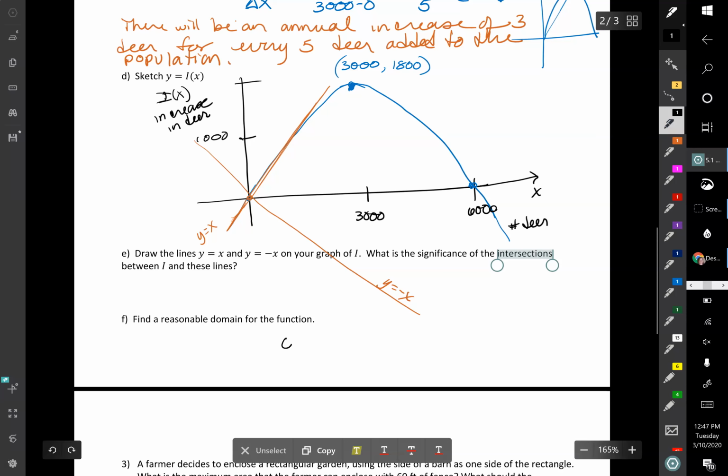So I would say maybe not equal to 0. Maybe I'm going to start with like 2 deer and then go up to the 6,000. And then it is going to start going down. So that's it for that one.